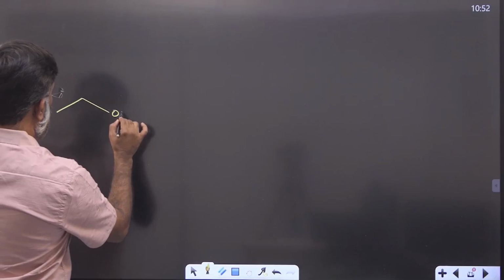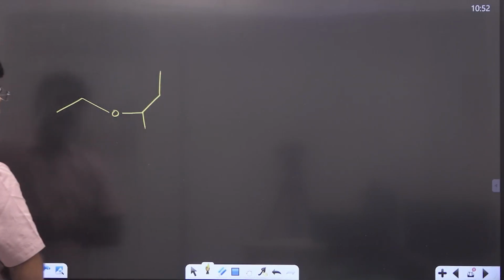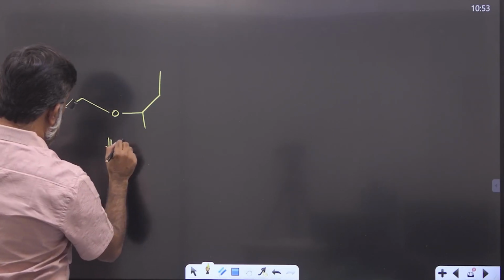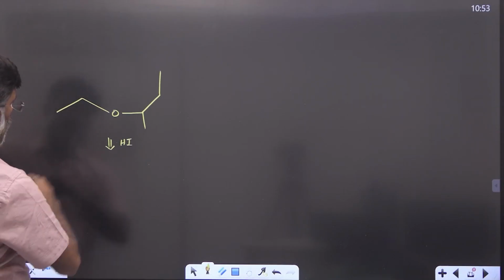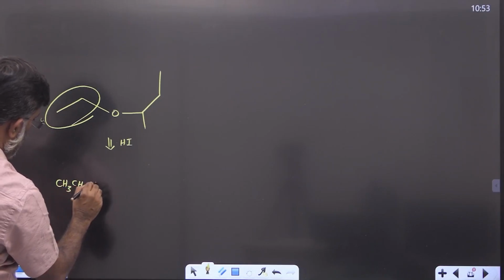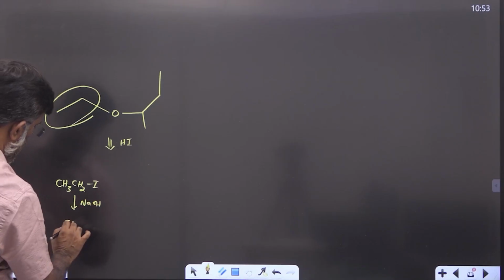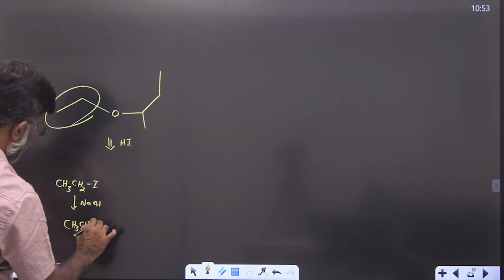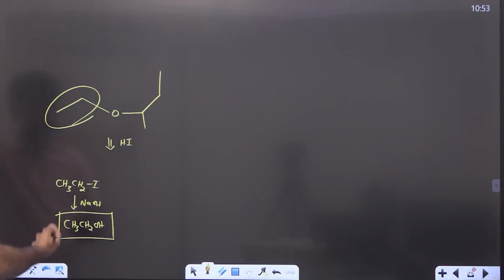This is the molecule given in option 3. This is treated with the excess of HI. You see this part of the molecule, you will get CH3CH2I, and that is treated with NaOH. You get CH3CH2OH. This will give you haloform test as it is ethanol.